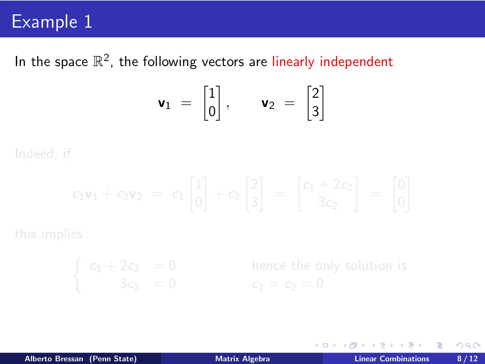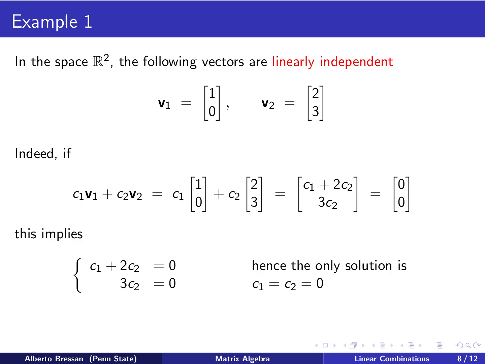Okay, so let's take some examples to get us familiar with this concept, linear dependence and linear independence. Okay, so in space R2, let's consider two vectors, V1 and V2. Are they linearly dependent or are they linearly independent? Well, actually, we need to show they're linearly independent. Okay, so we can follow the definition and form this vector C1 V1 plus C2 V2 for any C1 and C2.